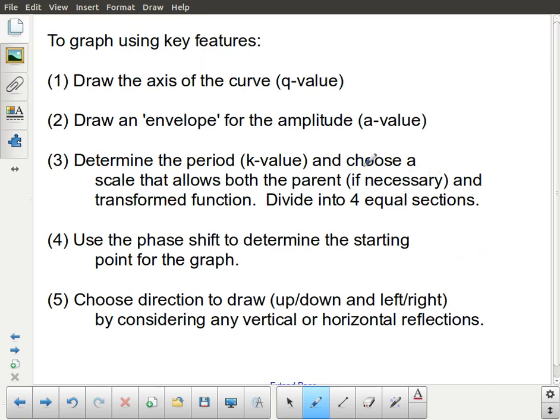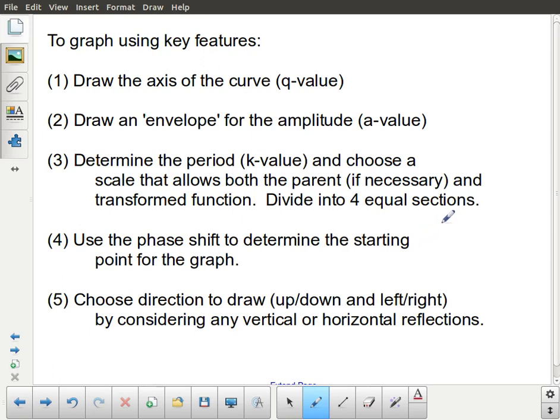Now, you won't always be required to include the parent function, in which case you should only be thinking about the parent function fitting on your scale if it's a requirement. Sometimes you'll also be given the parent function, so a scale will be somewhat defined for you, and then you have to fit the transformed function onto that scale.